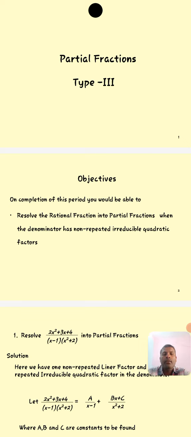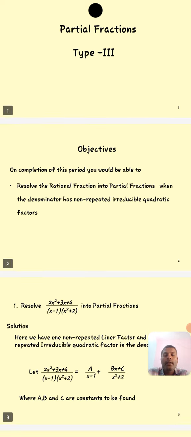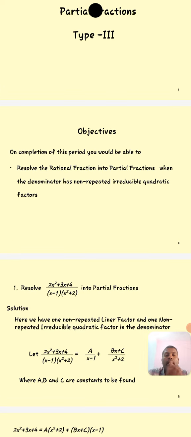When the denominator has an irreducible quadratic factor, how do we write the partial fraction format? That is the concept, and then how to resolve them. We have to look at that type of problem here.